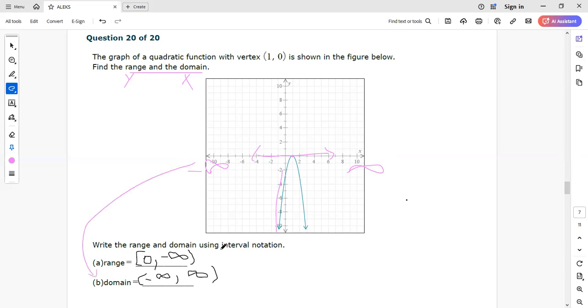Since we're now asked to use interval notation, you should always put parentheses when you're using infinity or -infinity to define your range. And also, when we're looking at the range values, this range of where my y coordinates can be, I do see limitations. There aren't any points above that 0 mark. All of my points start here at 0, and then they go down in that direction of -infinity.